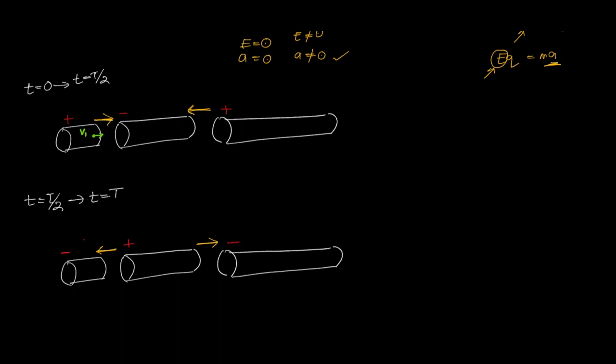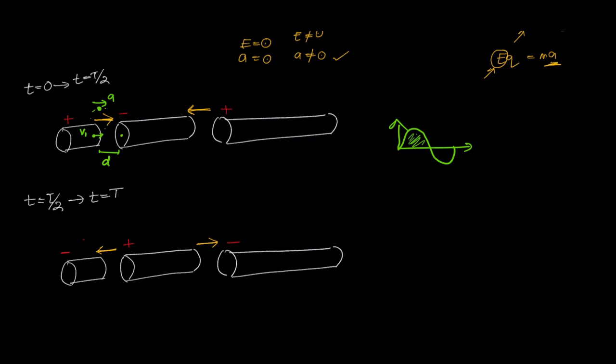Now we are talking about the situation where we have the positive potential for the first tube. So in between this separation, the particle undergoes an acceleration.